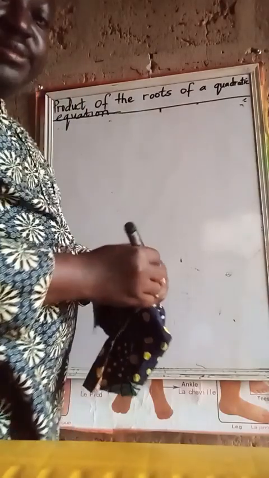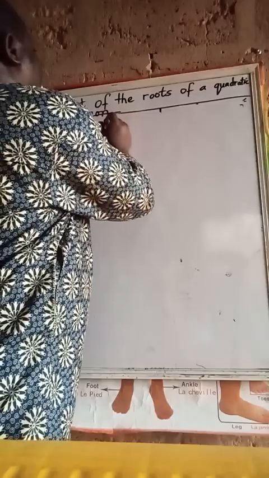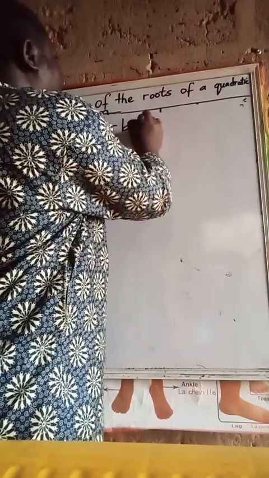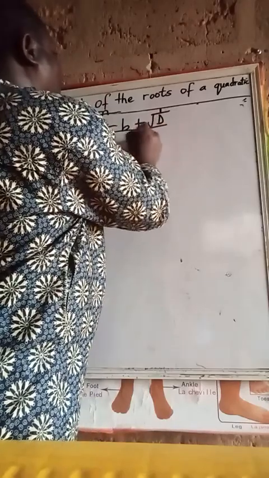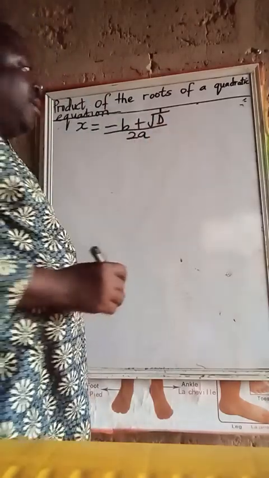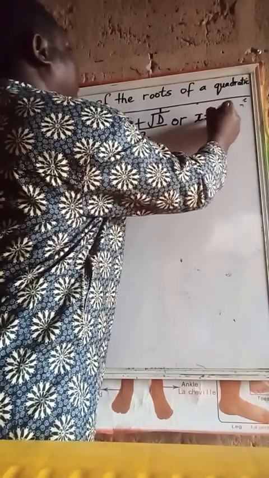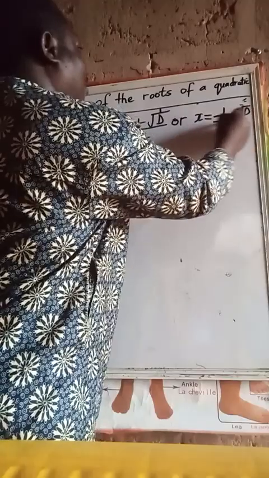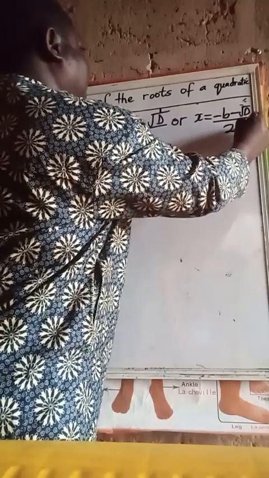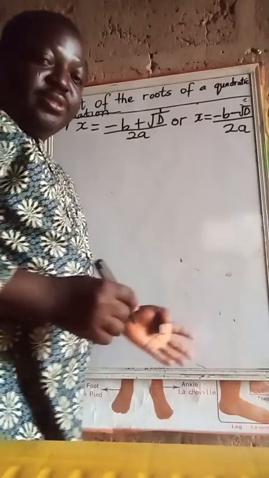Now don't forget the other time I wrote x is equal to minus b plus root d all over 2a, or x is equal to minus b minus root d all over 2a. So this time around we want to find the products.